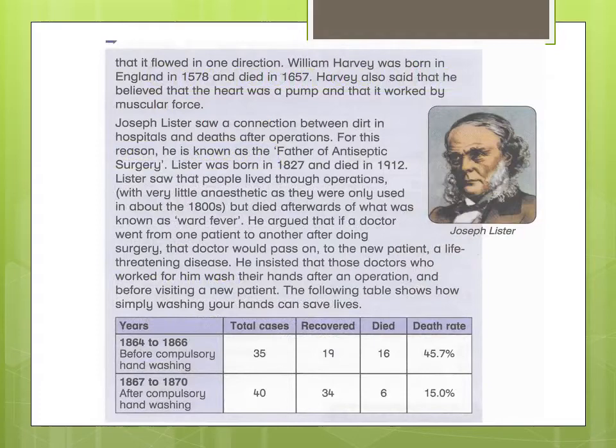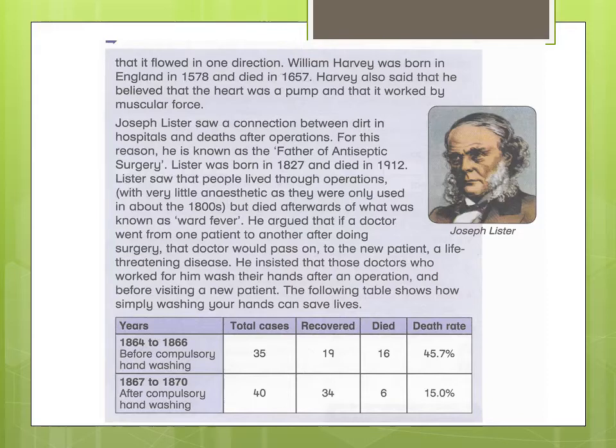William Harvey was born in England in 1578 and died in 1657. Harvey also said that he believed that the heart was a pump and that it worked by muscular force.